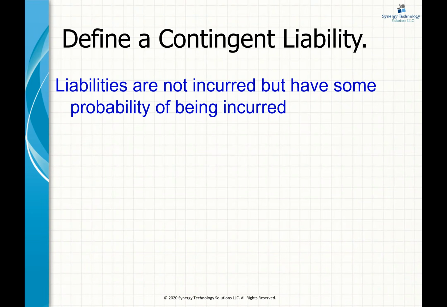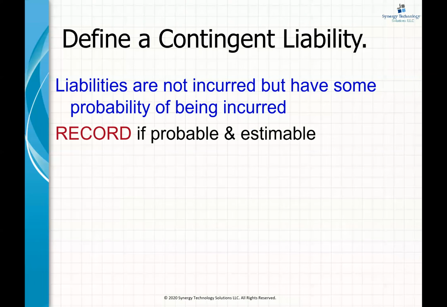So you have to have a written confirmation from the lawyer disclosing all the liabilities, all the pending cases, and the potential outcome. That will help you define your total contingent liability. Okay. Now, again, this is an estimate.